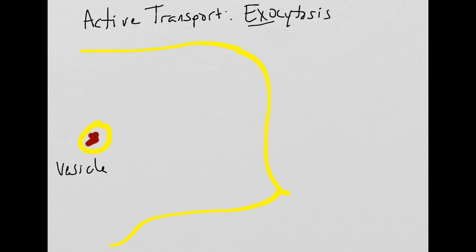We'll say that this vesicle contains an enzyme, made at the ribosomes, went through the ER, packaged at the Golgi, and now it needs to be released. So it gets moved to the plasma membrane. It will fuse with the plasma membrane and release its contents out into the extracellular space.